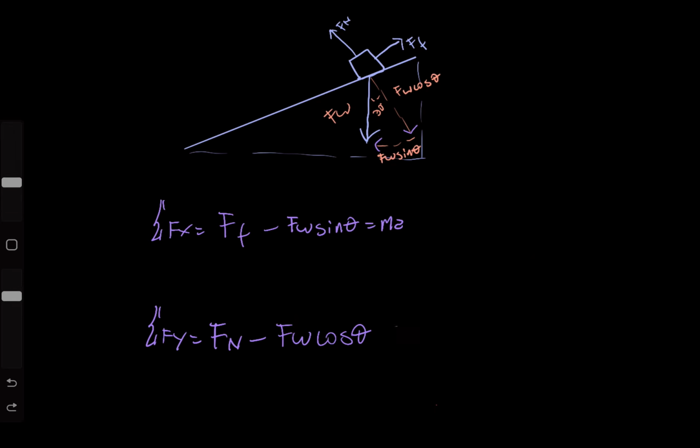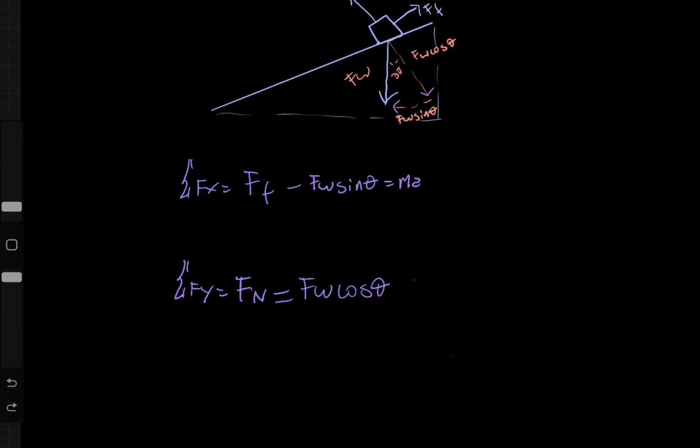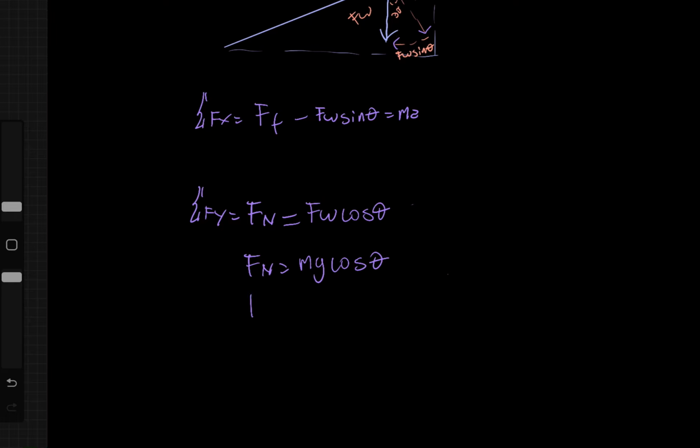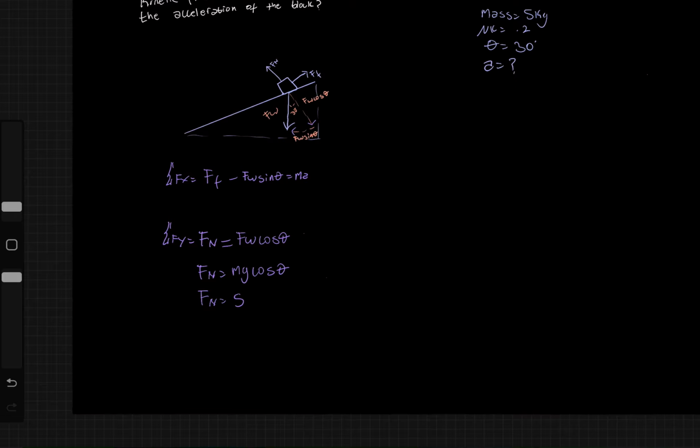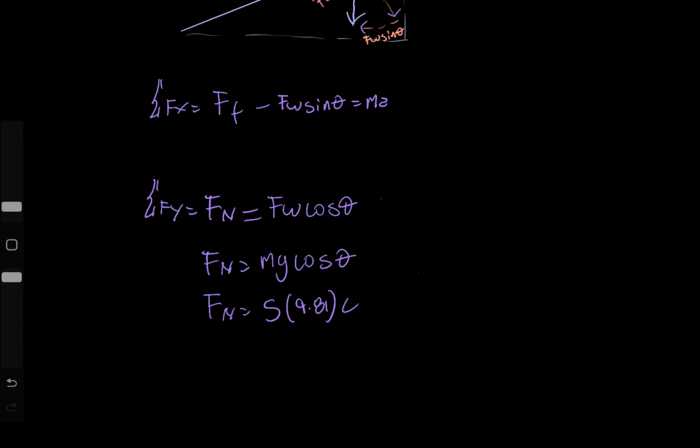So we can actually just write this out as normal force is equal to force of weight cosine theta. And so we can solve for normal force. We have all the information to solve for that. So normal force is mass, gravity, cosine theta, which comes down to mass is 5 times gravity, cosine 30.